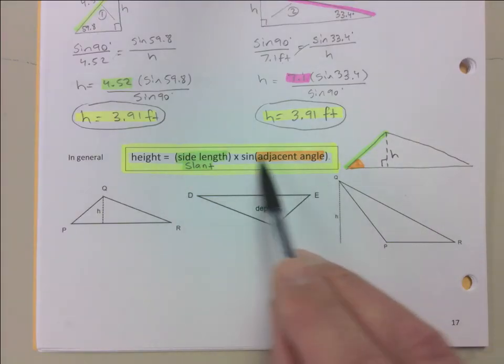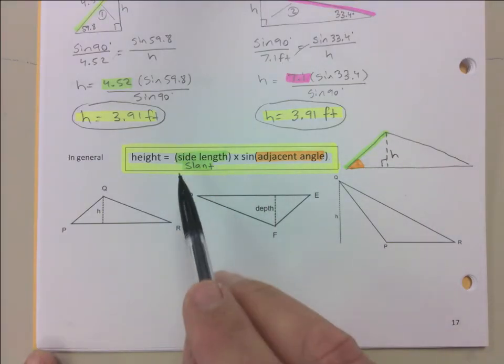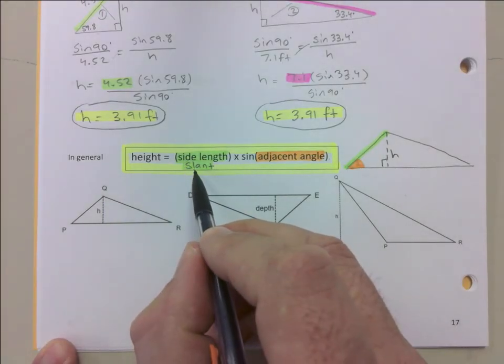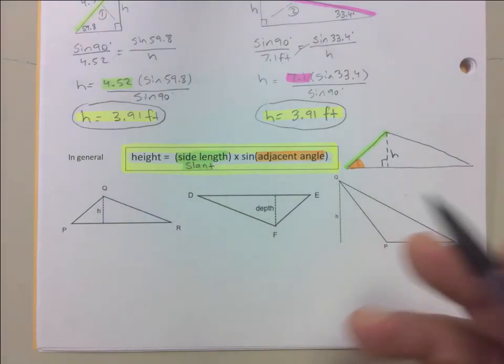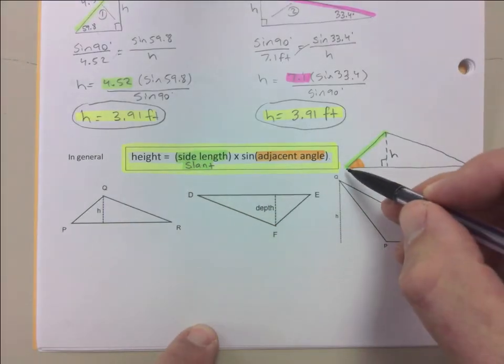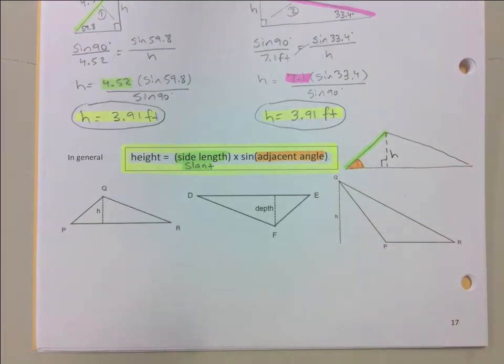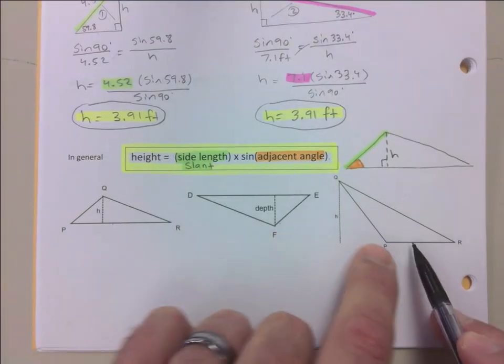This is the shortcut, but I would actually on my study sheet not even worry about side length. Well, maybe you should, because you would be like, what is slant, right? It's the length of the slant, times the sine of that angle there, okay? So it works in any of these situations.